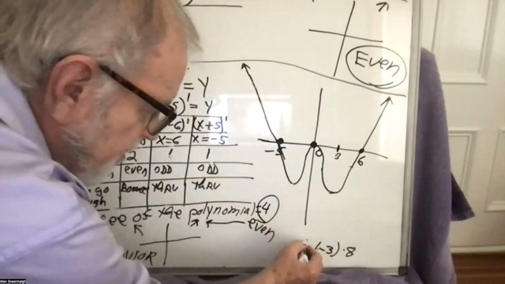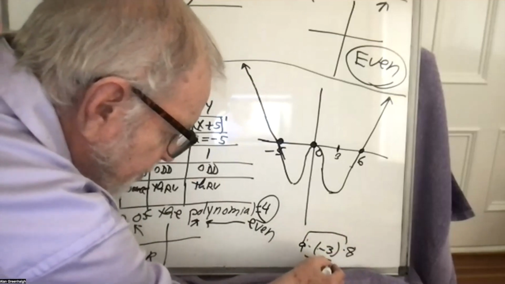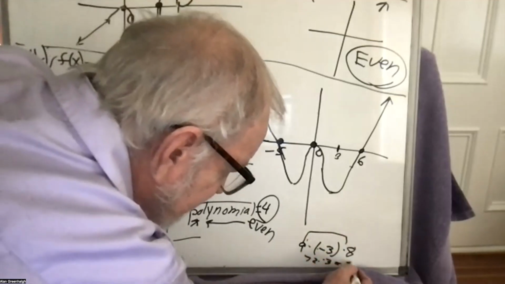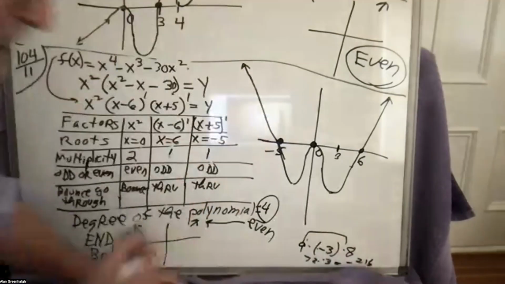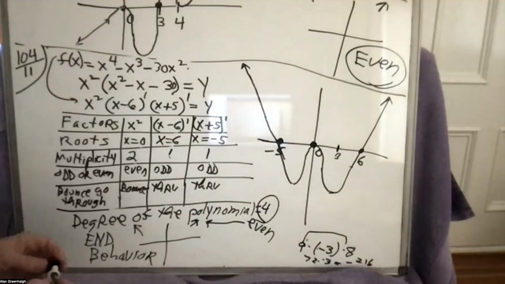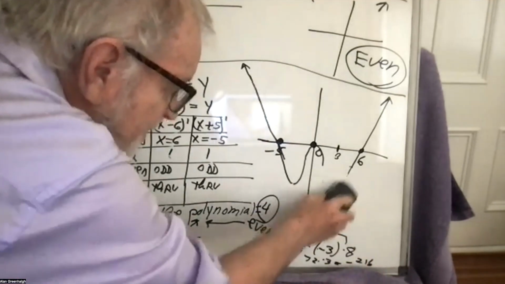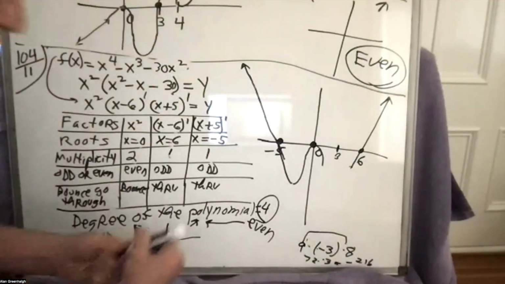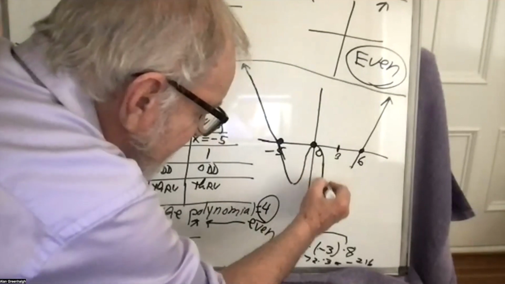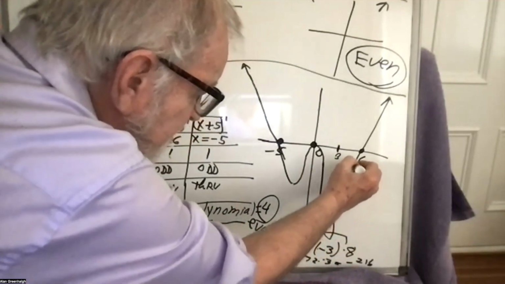So 9 times 8 is 72, times -3 is -216. So indeed, it does go way, way down there. In fact, it goes to a point that we can't even graph because it goes so far down. See, so that's where it goes.